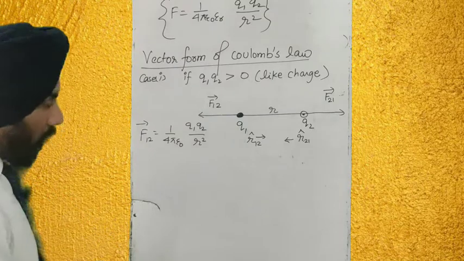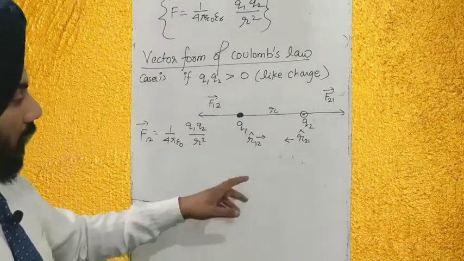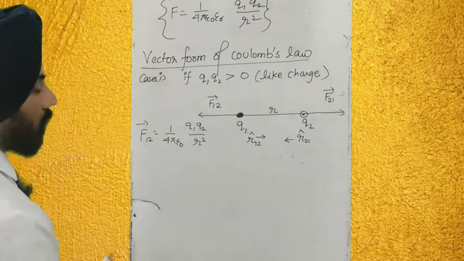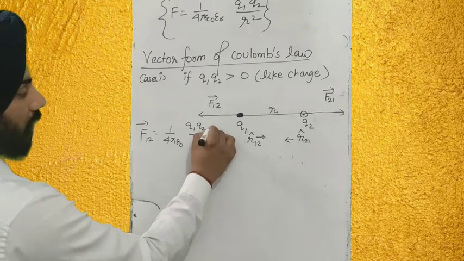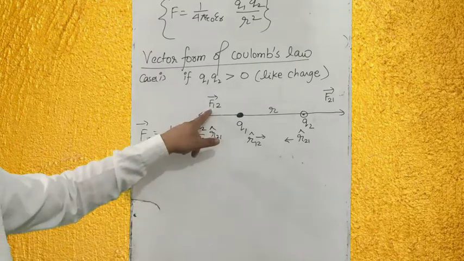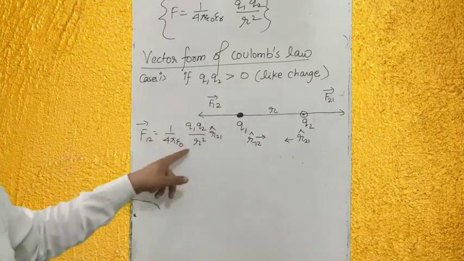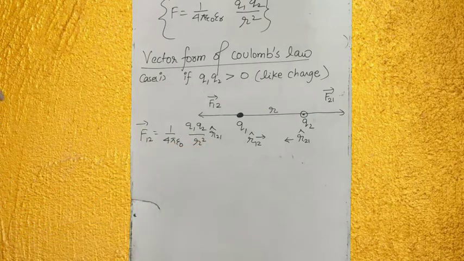Now compare F12 with the direction of the unit vectors. F12 is in the direction of R21, so we multiply the right hand side with R21, because F12 and R21 have the same direction. So this scalar quantity also gets the direction. Now it becomes a vector quantity.